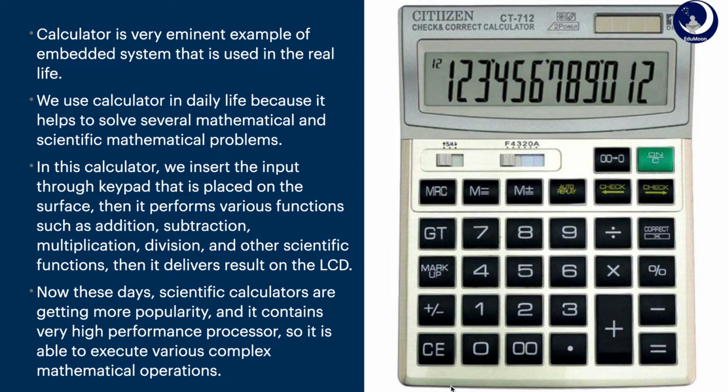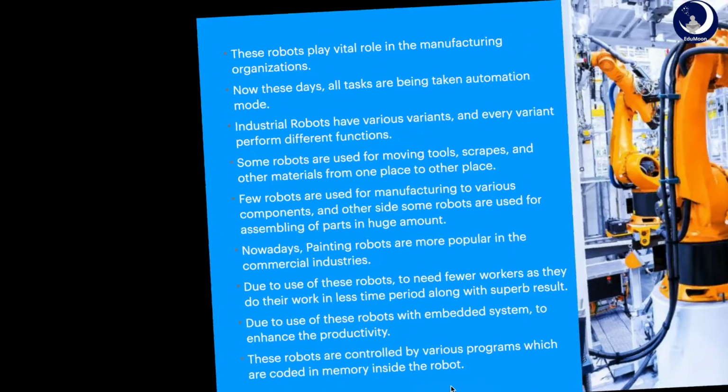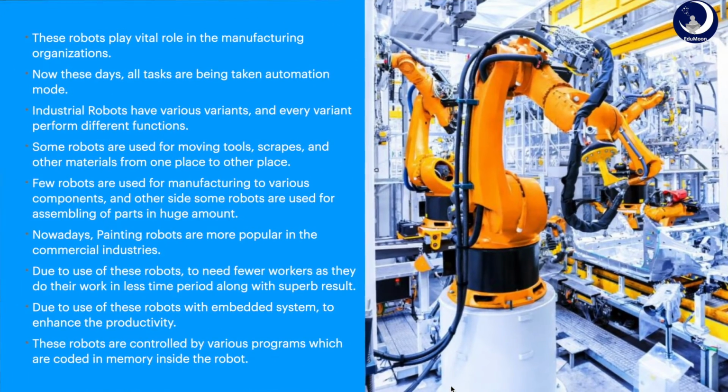And one more example is industrial robots. Industrial robots are of various variants, in fact, and each variant has different functions. A few robots are used in manufacturing sectors, a few robots are used for moving a particular amount of weight or a product from one place to another place.